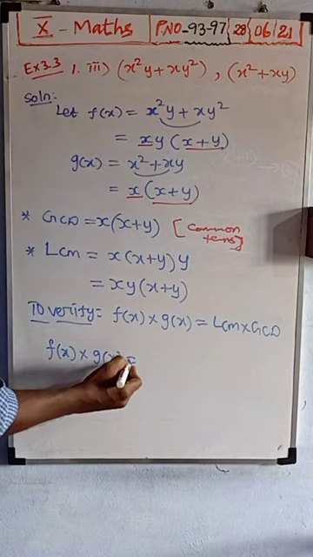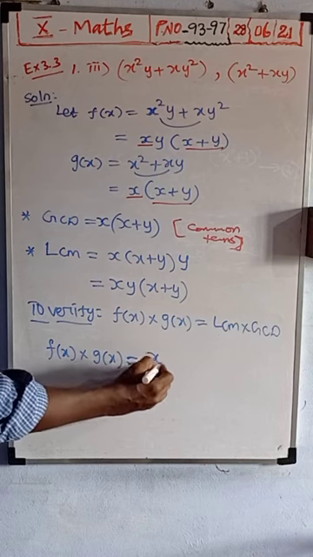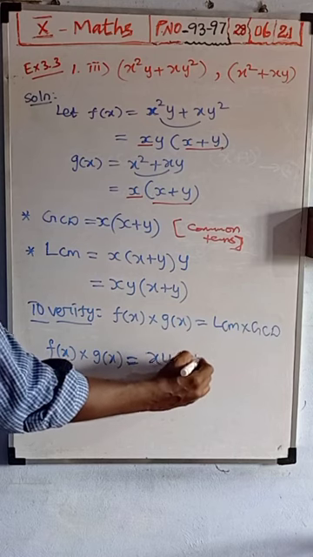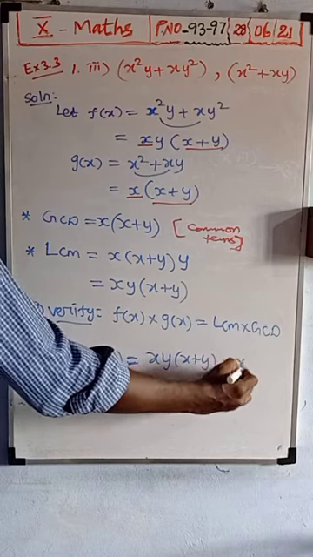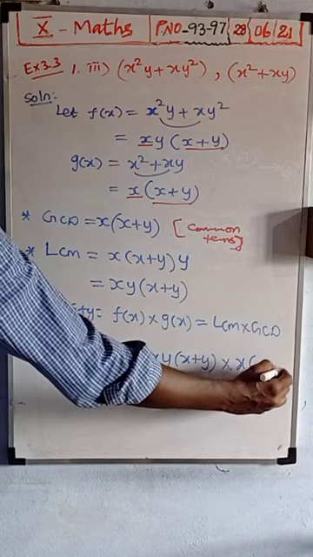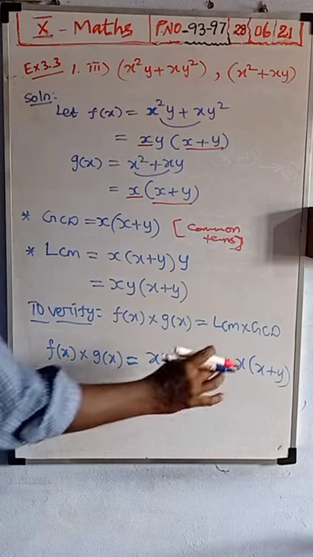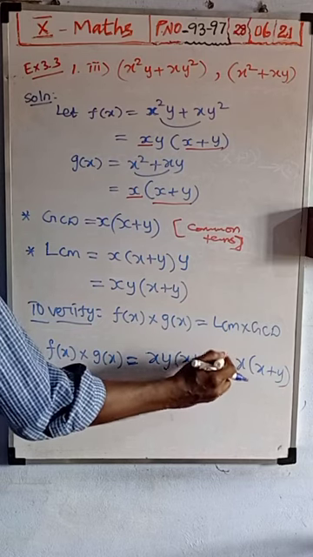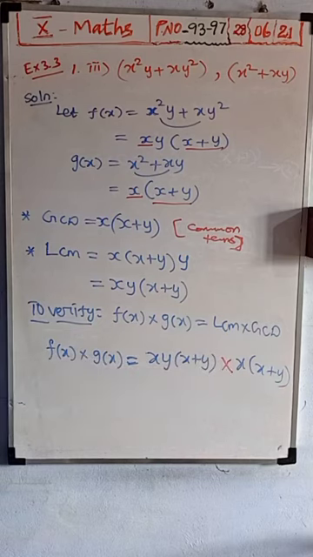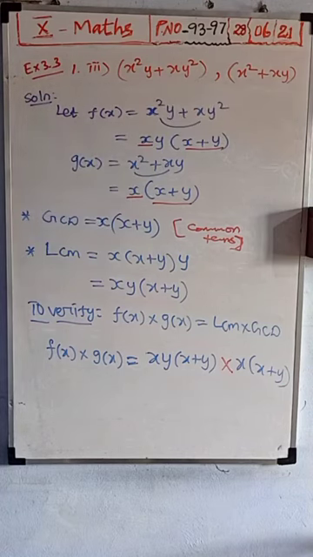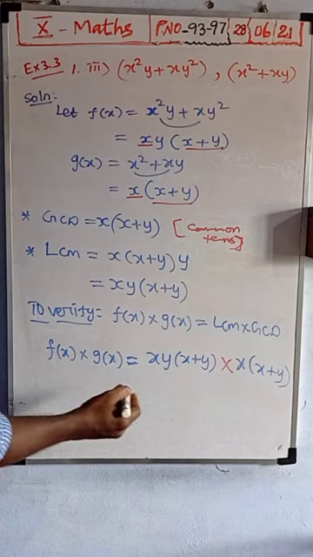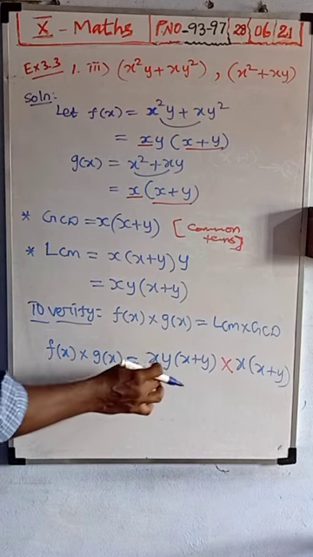Here I will choose the factors: xy of x plus y into x of x plus y. These two factors I will multiply.